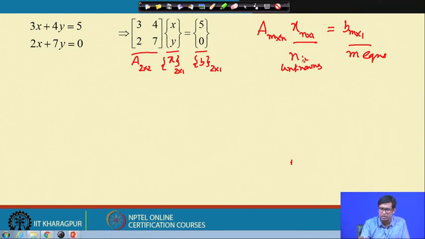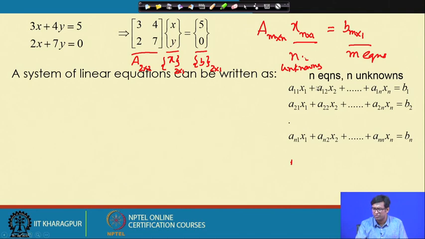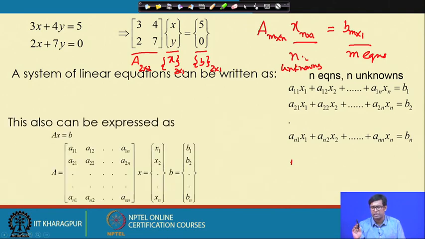So, you can see a much larger equation system can be expressed in terms of matrix equation. For example, if I go to an n equation, n unknown system, where we will have a complete set of solution, this can be represented as a matrix multiplication.